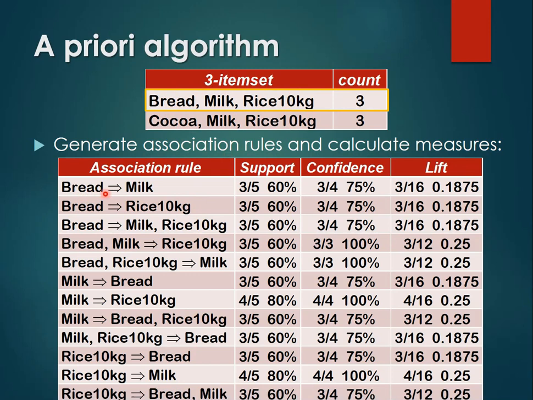We have bread implies milk, bread implies rice 10 kg, bread implies milk and rice 10 kg. You can do all possible combinations. I believe there are 12: 1, 2, 3, 4, 5, 6, 7, 8, 9, 10, 11, 12.